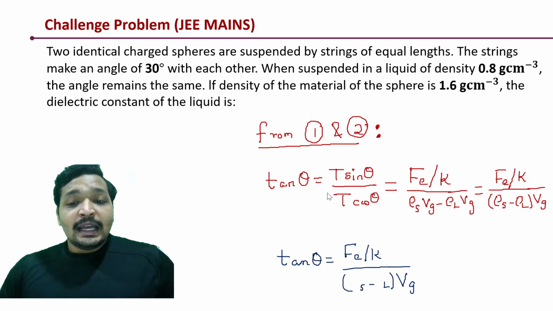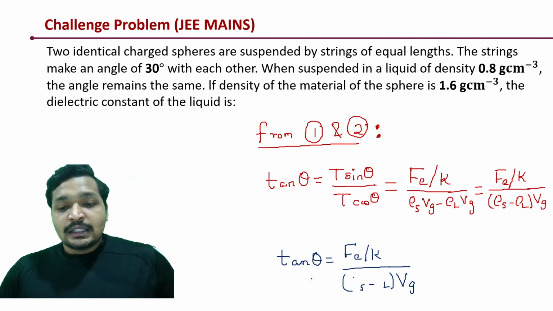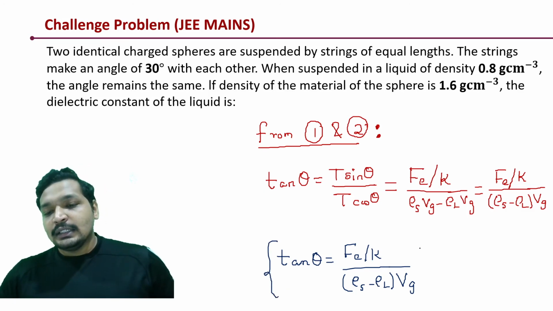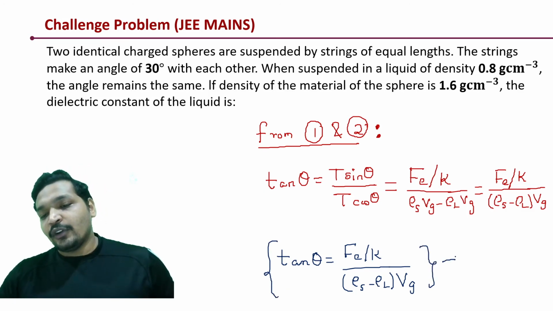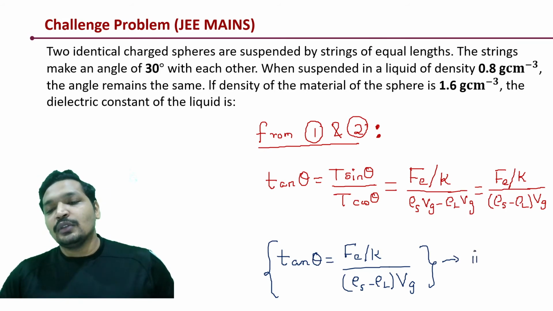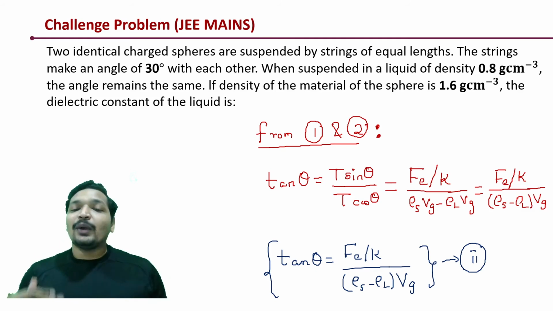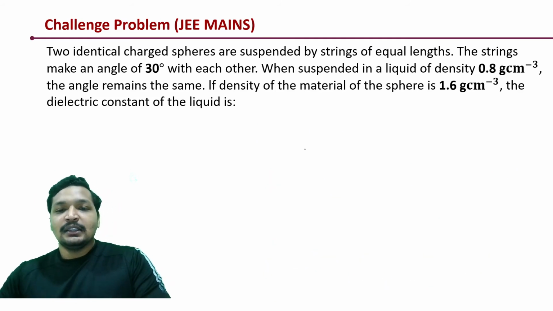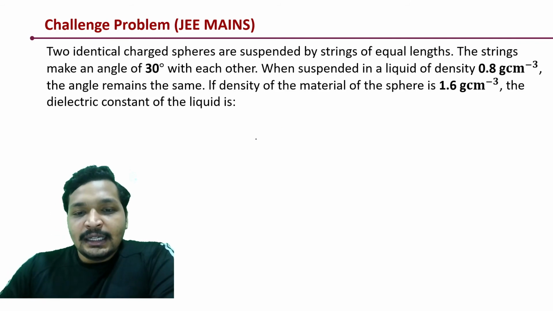So if you understood, we can do a very interesting thing now. If I'm going to call this 2, then you can say that 1 is equal to 2. Both are tan theta, isn't it? Yes.